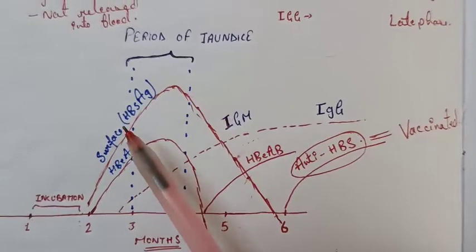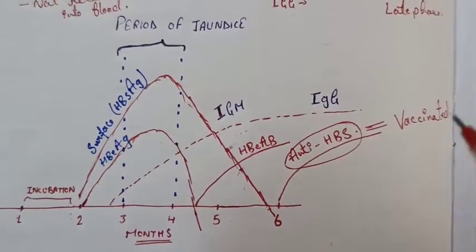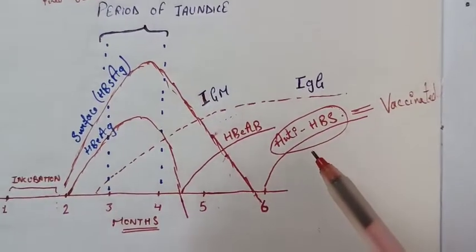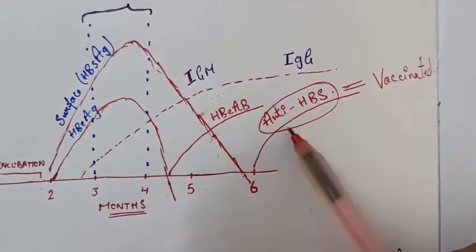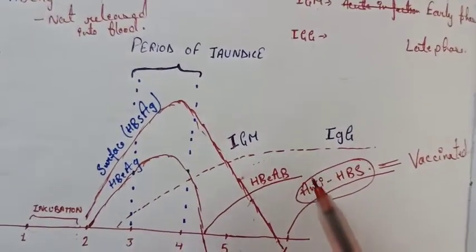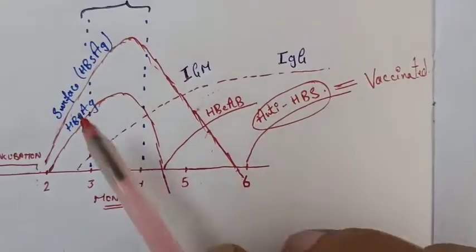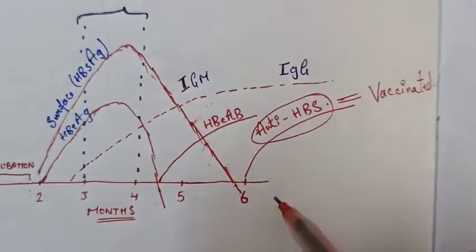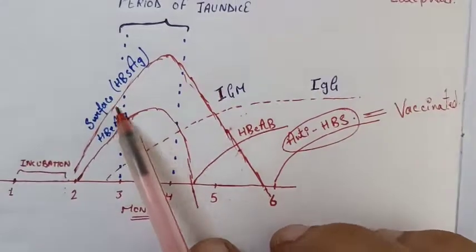It disappears due to the immune response by our body. And how does our body respond? Our body responds in the form of anti-HBs, antibody to surface antigen, which appears around 6 months in response to surface antigen.